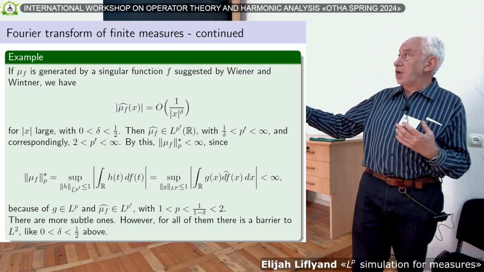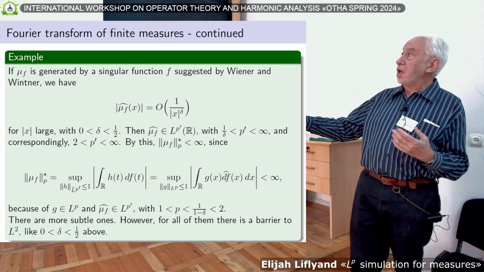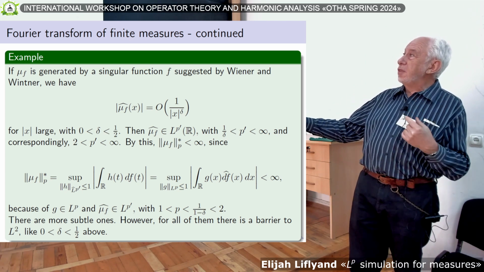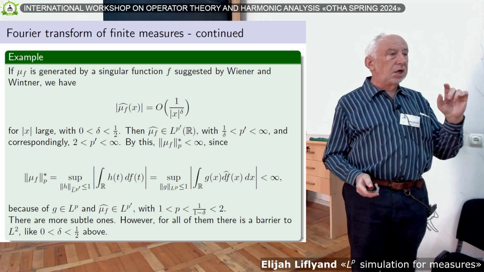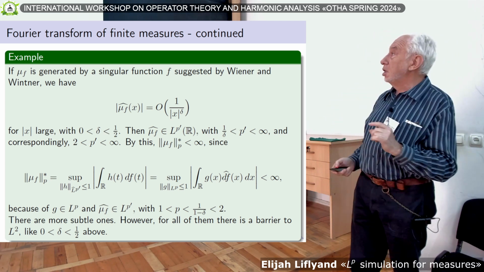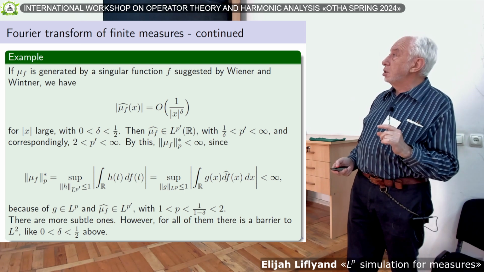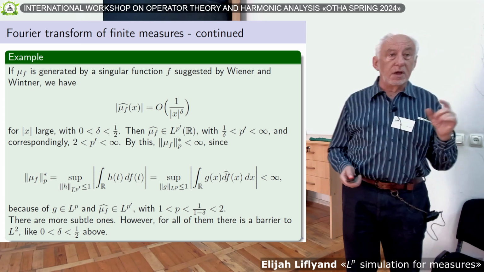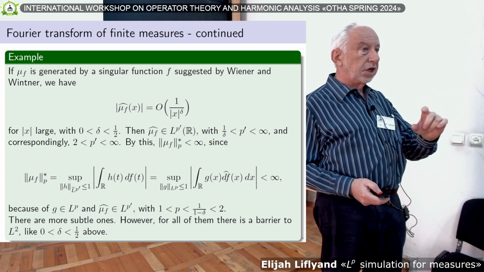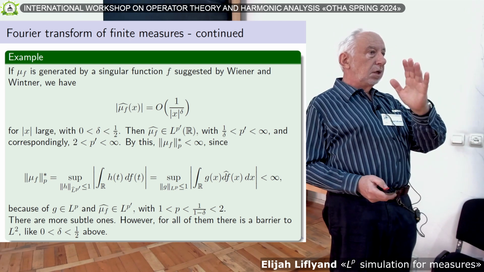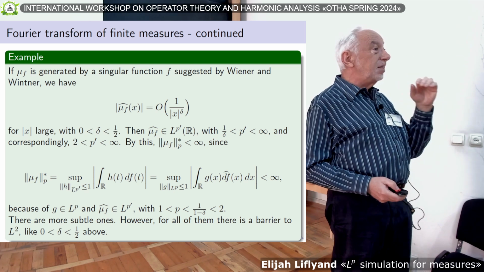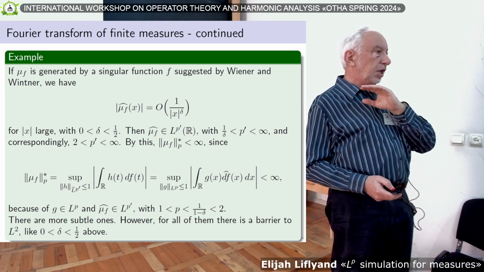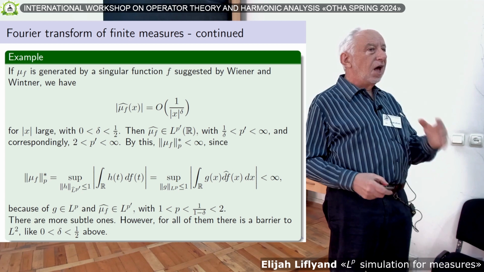But here was an example of such a function, and they showed that for this delta, 1/2 is the border. It cannot jump over, so no L2 theory can be applied here.